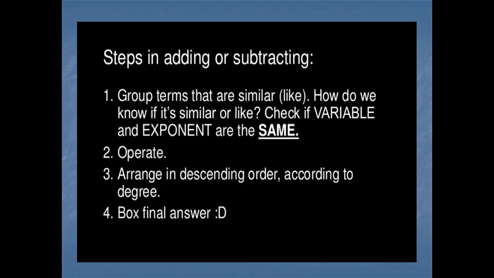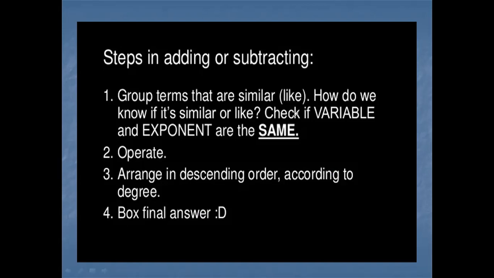Now there is only one important point that we should remember: to group similar terms. Similar means the same terms. How do we determine if they have the same term?